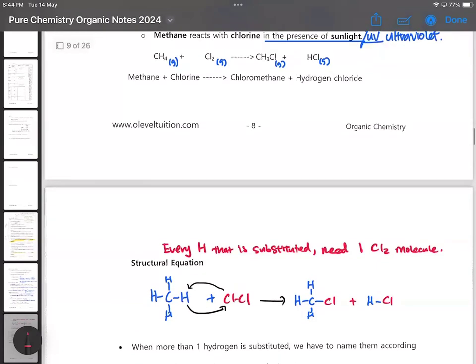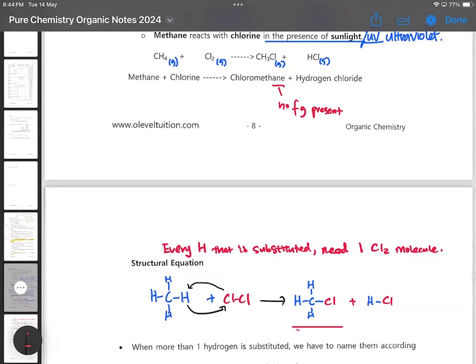Now you can see the structure over here. Let us explain the answer here. Why is it called chloromethane? ANE means that there is no functional group present. Because if there's a functional group present, I will name it either an alcohol or something. But because there's nothing here, there's no double bond, there's no OH, no special functional group.